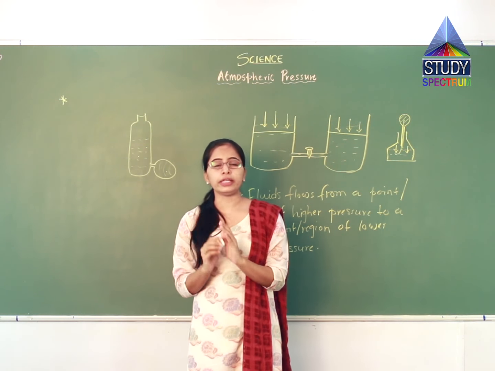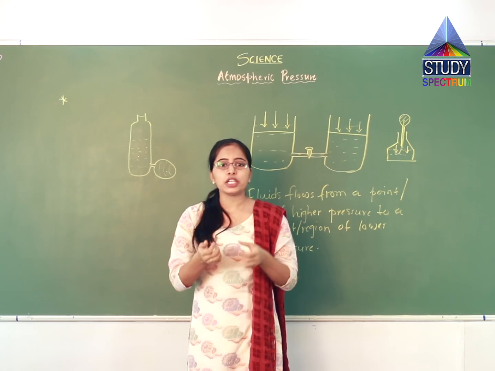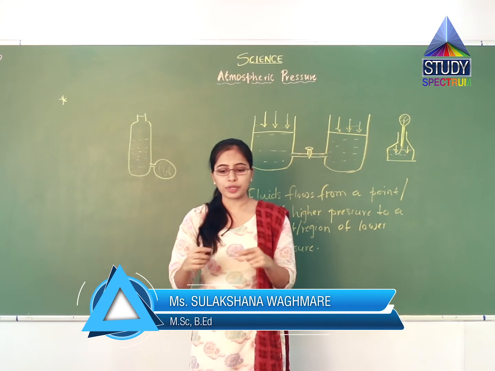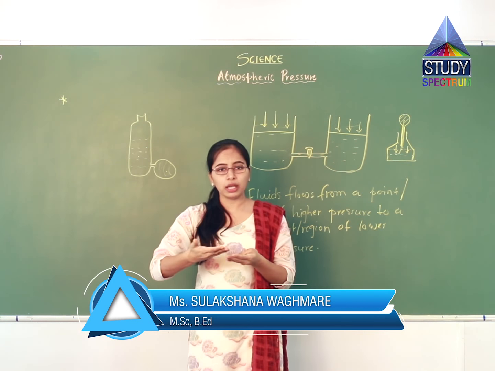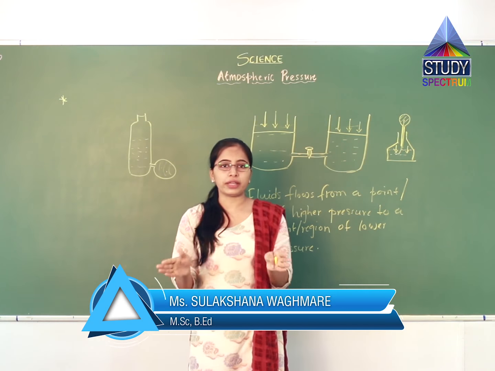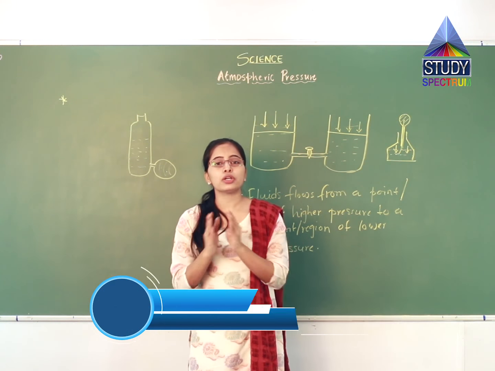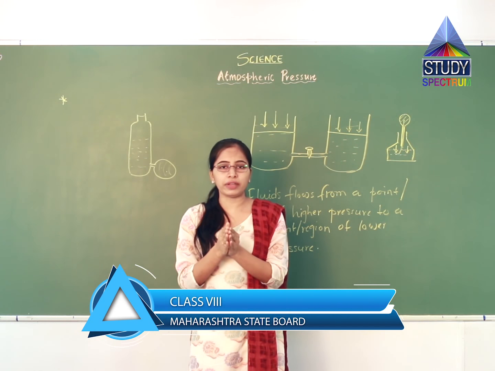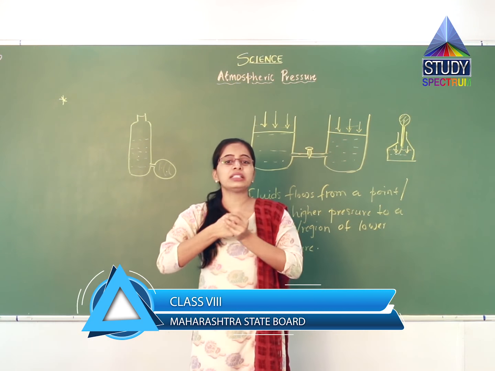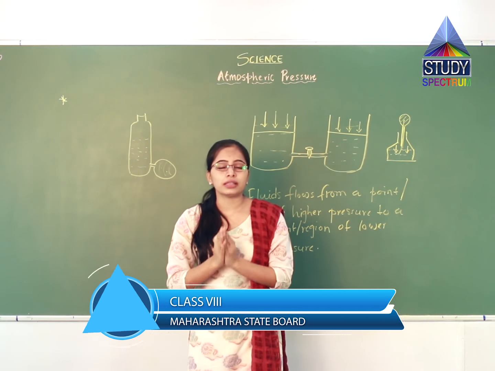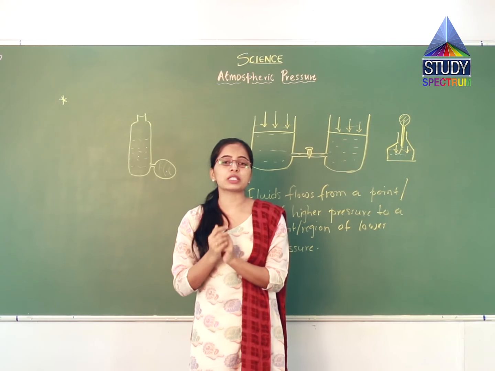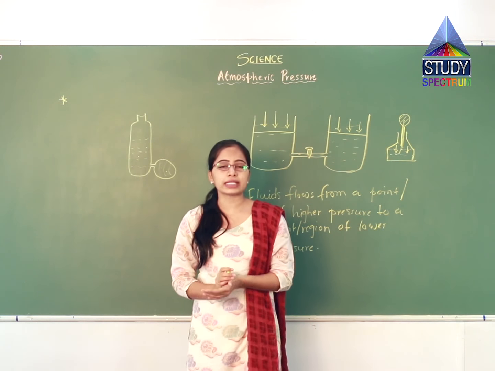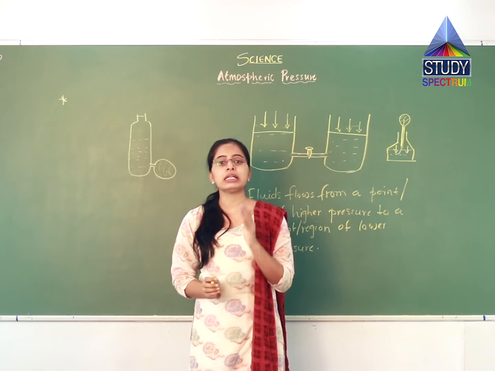Observe them carefully and you will find that when you press the rubber sucker on the table or on the sink, the air between the table and the sucker is pushed away. So there is no air, so no atmospheric pressure between them. Very little space is left between the surfaces, so they get tied to each other. So this is again an example of atmospheric pressure.